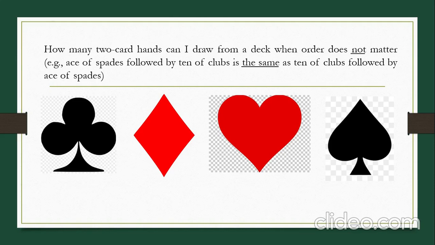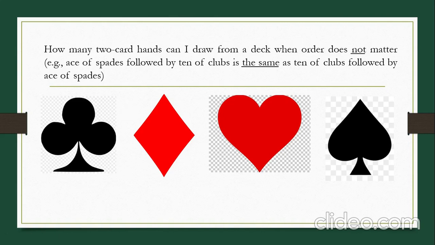The same is true also with the diamond, the heart, and the spade. Since every suit contains 13 cards, multiply that by 4 because there are 4 suits. So, 13 times 4 is equal to 52.